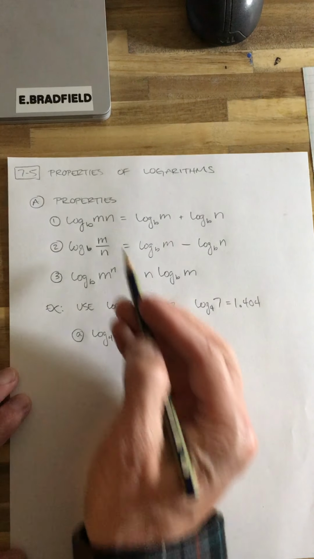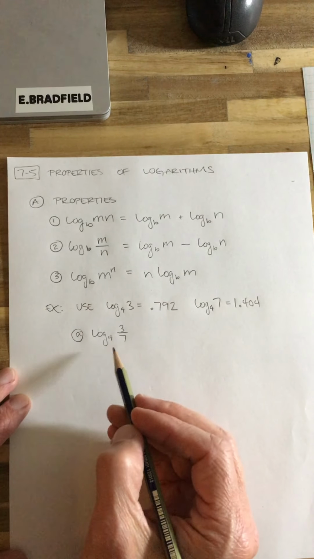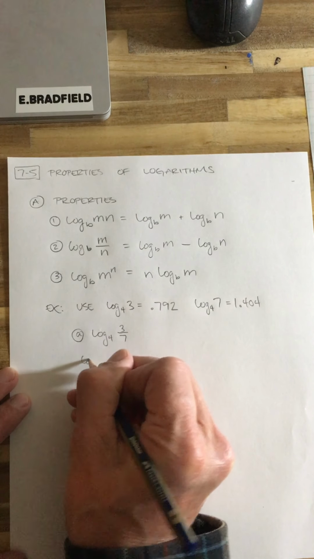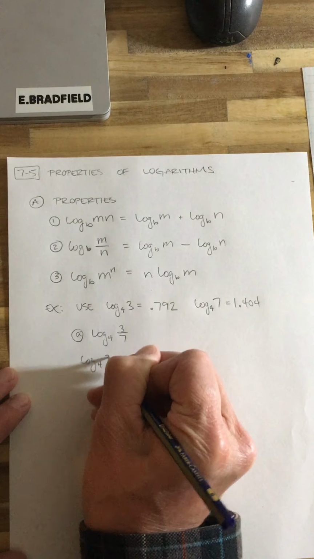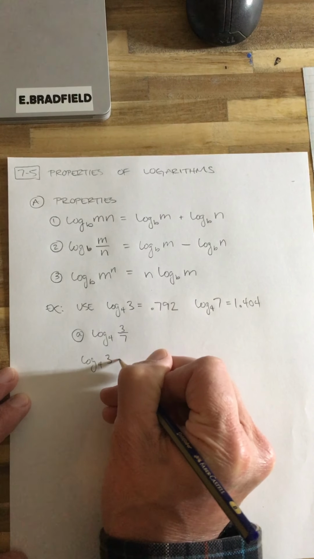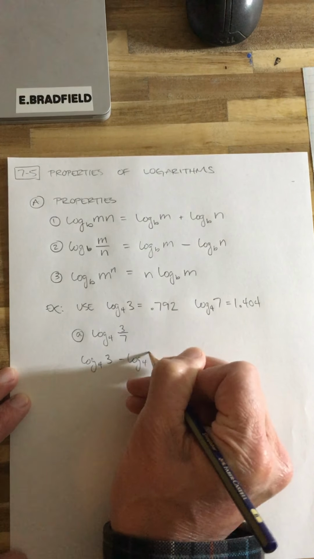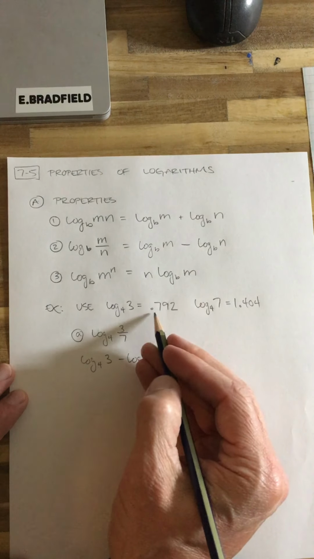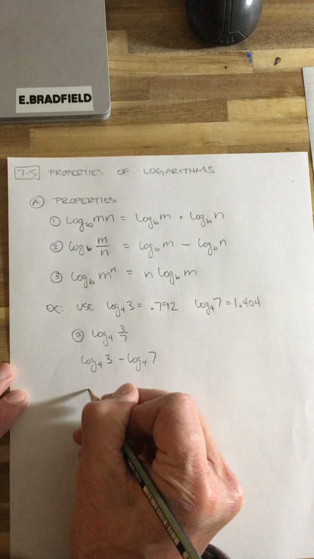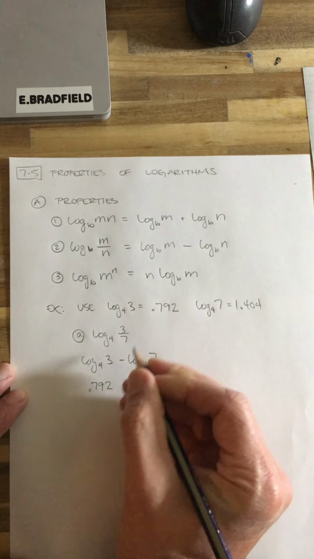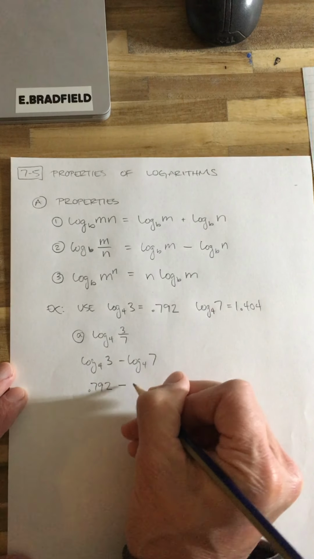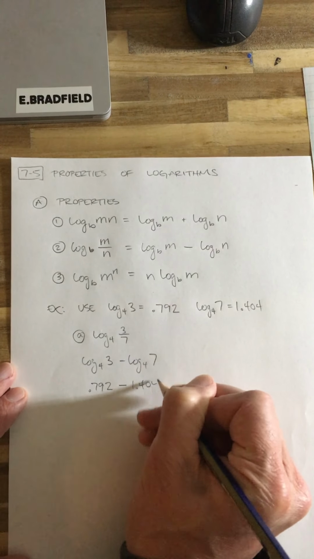Watch this. We're going to use this property, one of these 3 properties up here. This turns into the log base 4 of 3, and since it's divided by 7, we go minus the log base 4 of 7. Now we know the log base 4 of 3 is 0.792, and the log base 4 of 7 is 1.404, so minus 1.404.